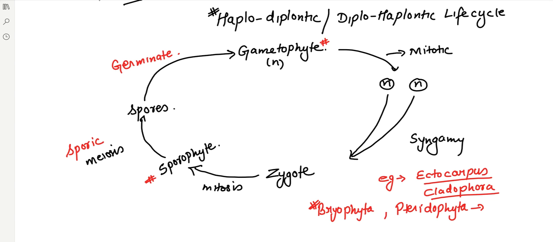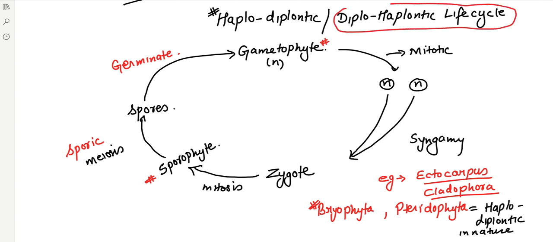Is it clear, guys? Yes, sir. But remember here that in case of NCERT, they have mentioned that bryophyta and pteridophyta both are haplodiplontic in nature, which means NCERT does not talk about the diplohaplontic life cycle.